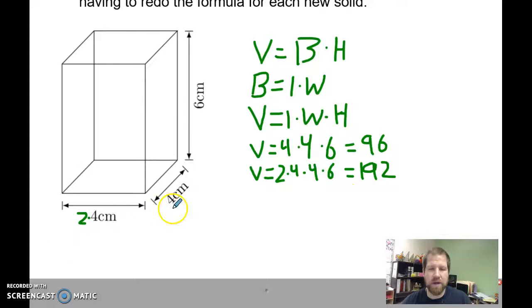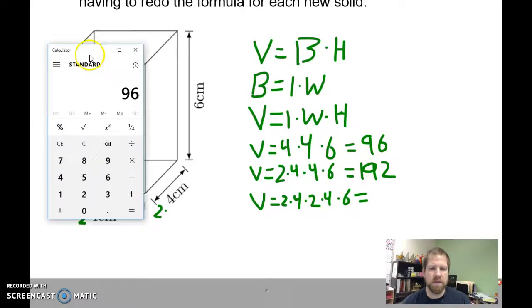What happens when I double two sides? What happens when I double both sides of the base? I'm going to have volume equals 2 times 4 times 2 times 4 times 6. Well, what's going to happen? Is it going to be 3 times as much? 4 times as much?